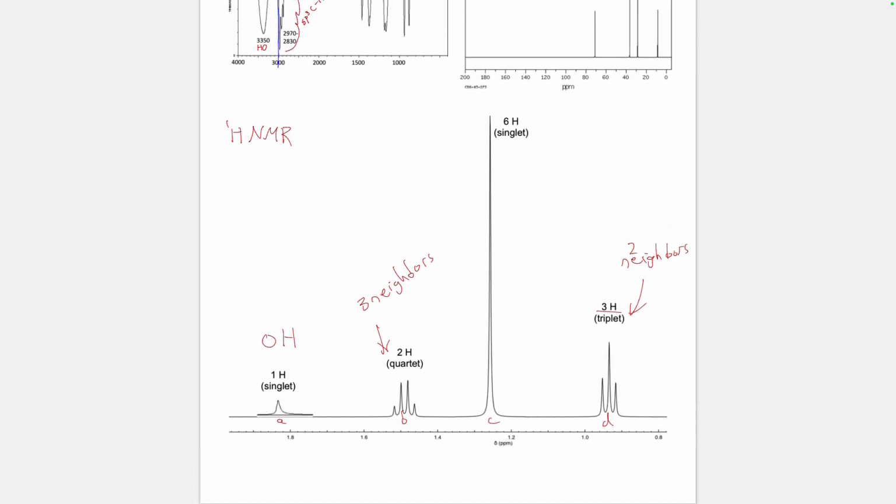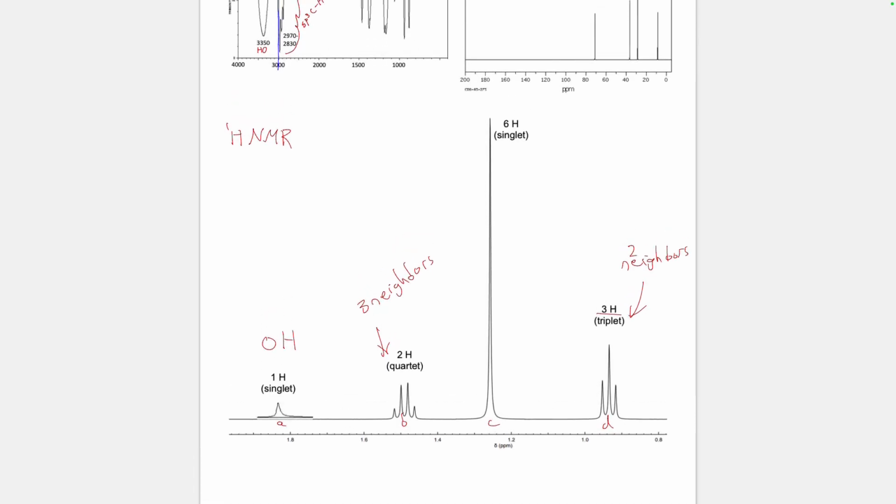So we have an ethyl pattern in this molecule. We have a CH2 next to a CH3. The CH3 is giving rise to the triplet on the far right, signal D, and the CH2 is giving rise to the quartet, which is signal B.